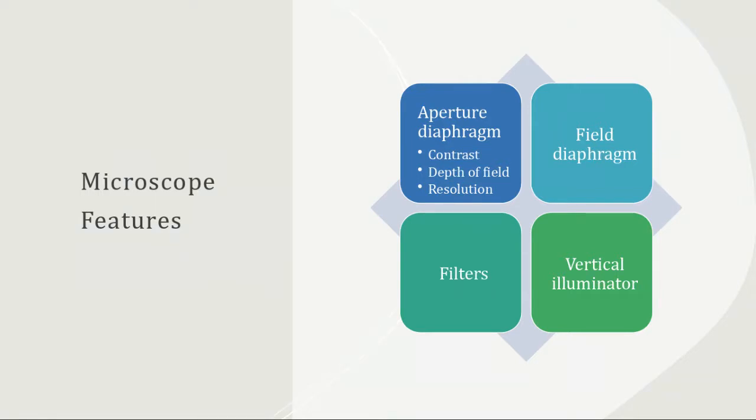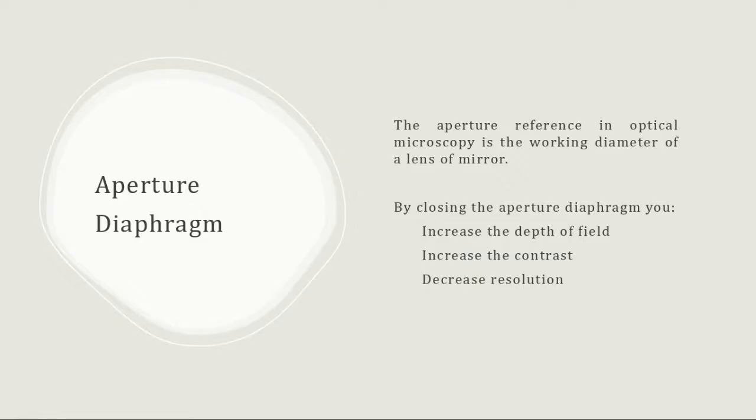And then your vertical illuminator covers all those different illumination fields we talked about: dark field, bright field, polarized, and DIC. The aperture diaphragm is really referenced in optical microscopy as the working diameter of the lens of the mirror.